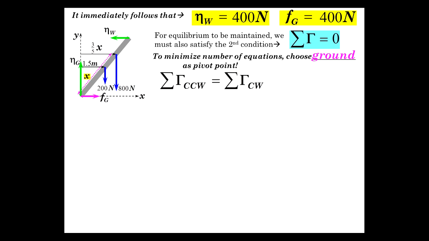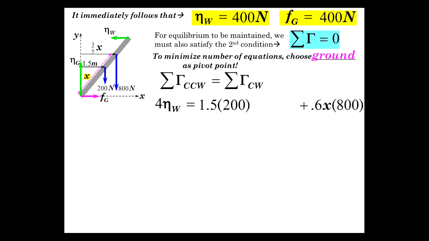Equate counterclockwise and clockwise torques. The only thing that's counterclockwise is the wall force through that 4-meter distance. So 4 N_W equals the clockwise torques, 200 and 800 through their respective distances of 1.5 and 0.6x.